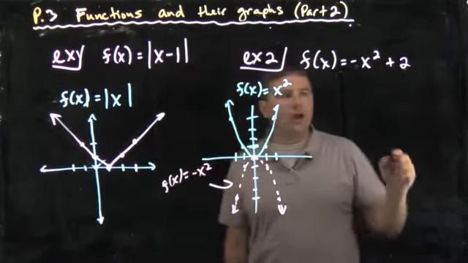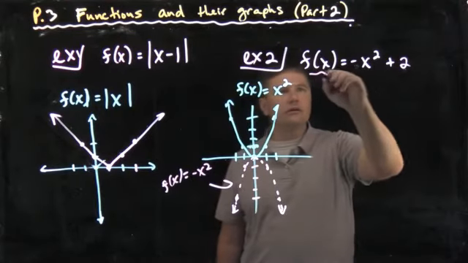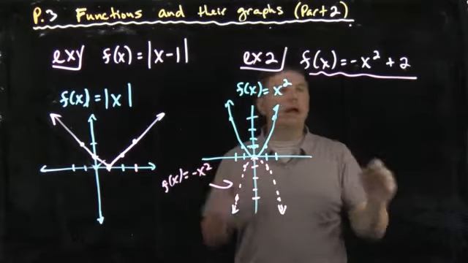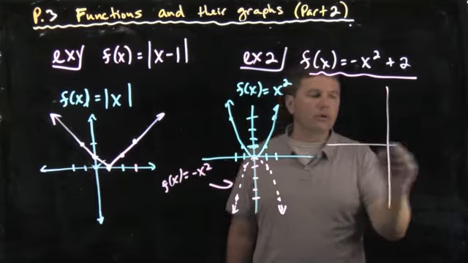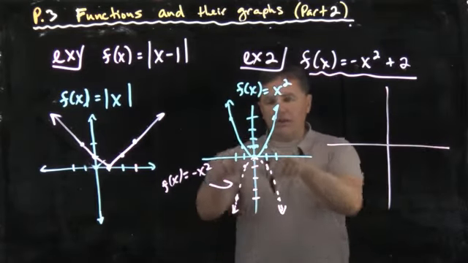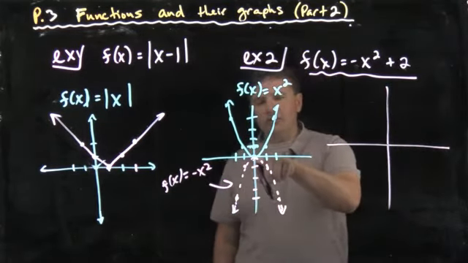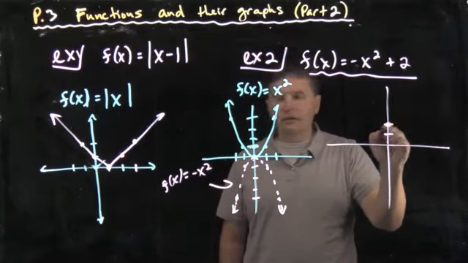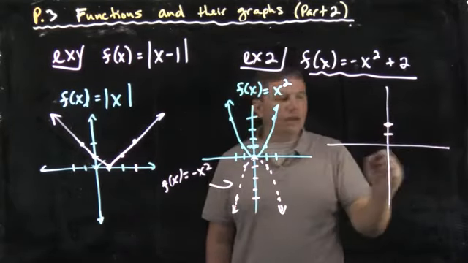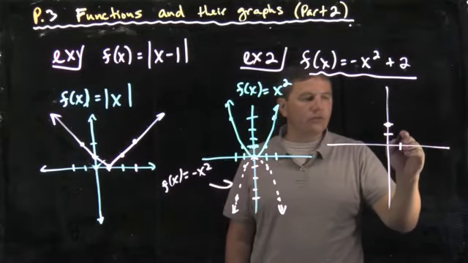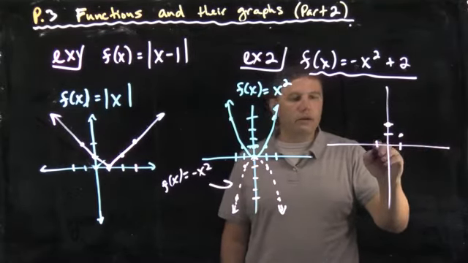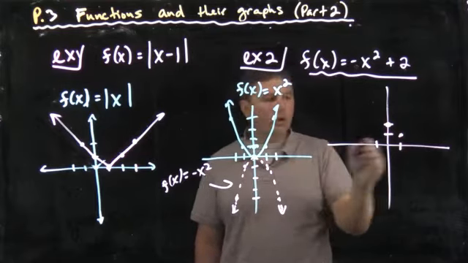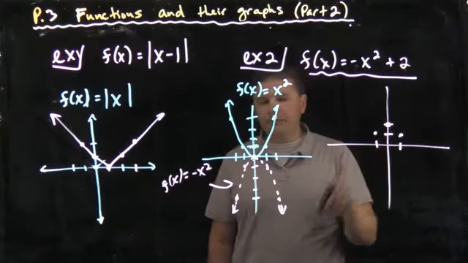So now the graph that we're interested in, we're just taking this graph and shifting it up 2. So we're going to take all these points and shift them up 2. This point right here goes to 0, 2. This point at 1, negative 1 goes to 1, 1. And on the other side, negative 1, negative 1 goes to negative 1, 1.